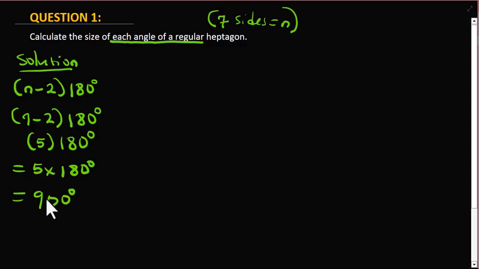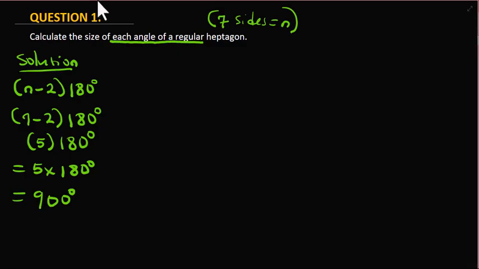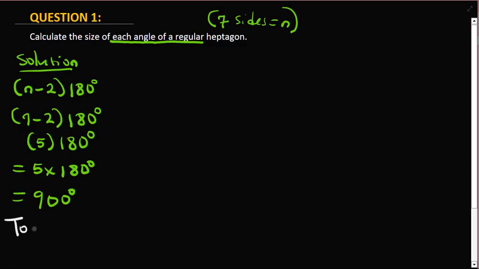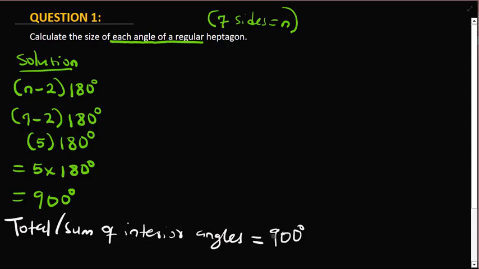Now this 900 degrees, I don't want you to complicate things. 900 degrees is the total interior angles, that is the sum of interior angles in this heptagon. That is the total. So I want to make things clear right now: the total, or sum, of interior angles is equal to 900 degrees. But that's not what we are meant to solve.